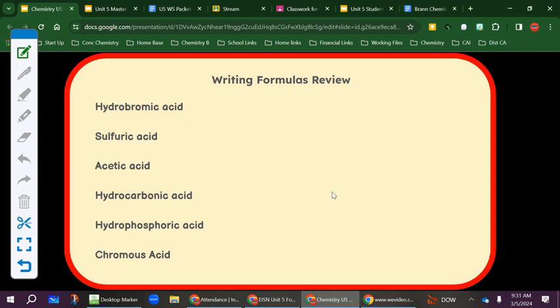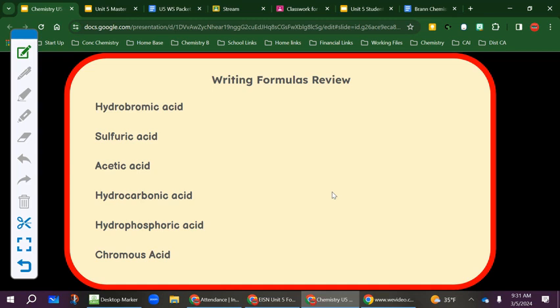So what's the difference in formula between bromate and bromite? In ITE, you lose one oxygen.